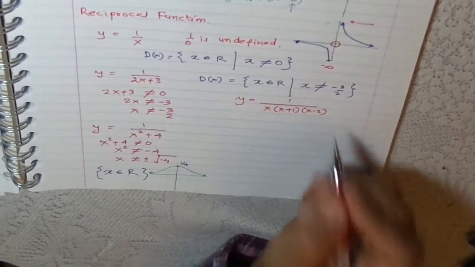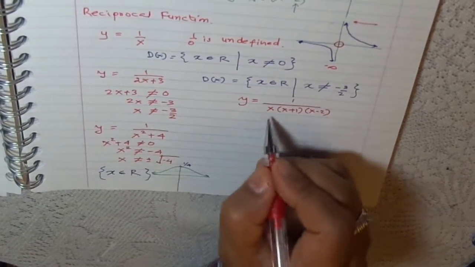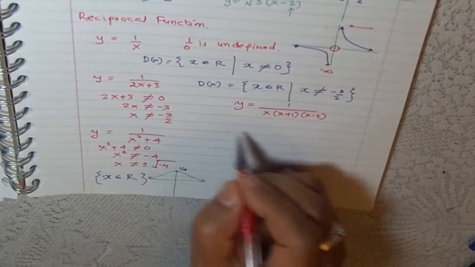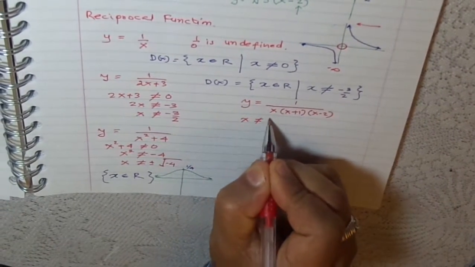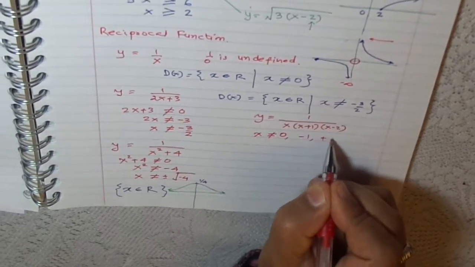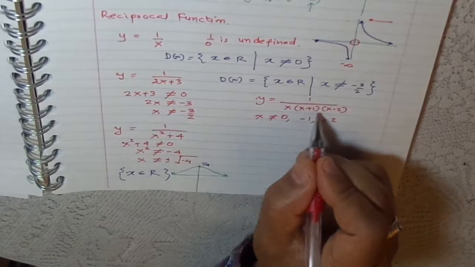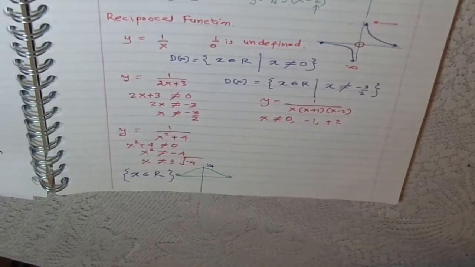Now here, what are the restrictions? The denominator cannot be 0. That means the restrictions are that x is not equal to 0, is not equal to minus 1, and not equal to plus 2. All the three values, if you put them here, any one of them will make the function undefined.